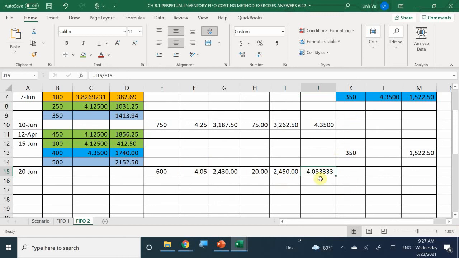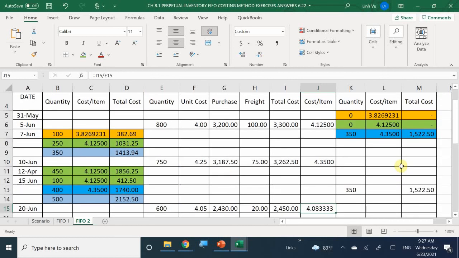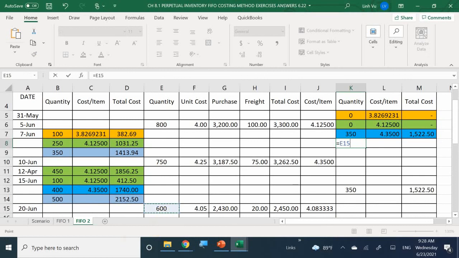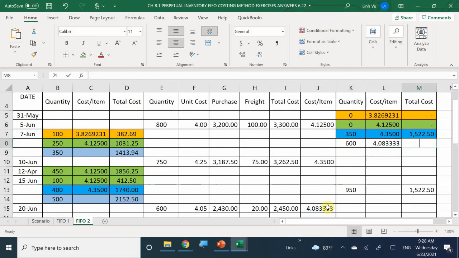All right, so now that we have a new batch of inventory, let's plug it into our inventory on hand. So now I purchased an additional 600, so now I have 950 available to sell. Okay.